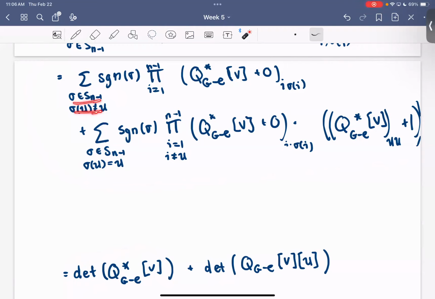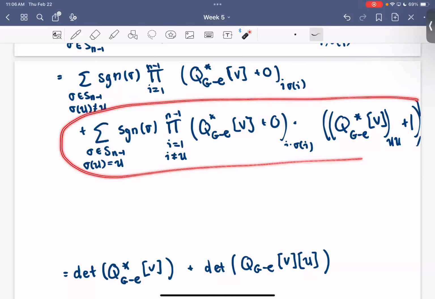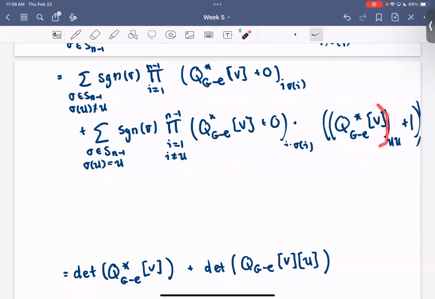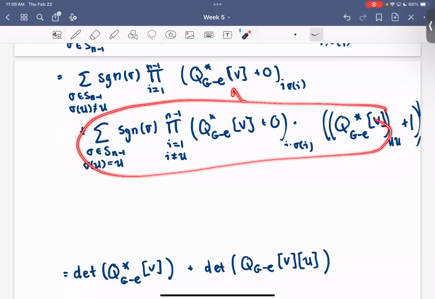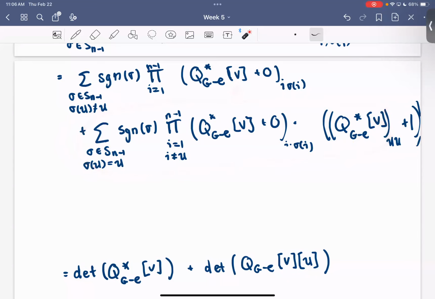We're missing the ones that fix U. But we get those again from this term, right? So imagine breaking up this part into two things, one where we've multiplied by this and the other one where we've multiplied by 1. Then for this part, we've recovered all the terms that we're missing from here. Does that make sense, or should I write it out?